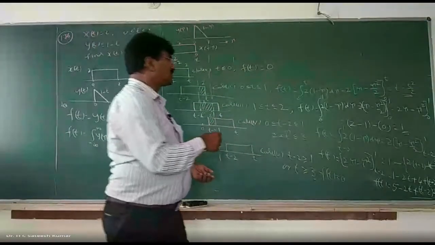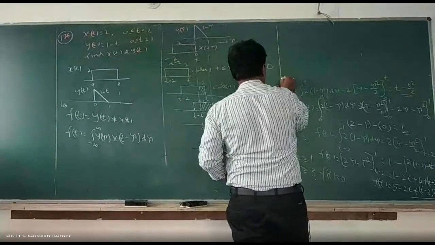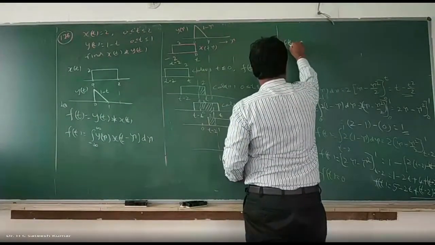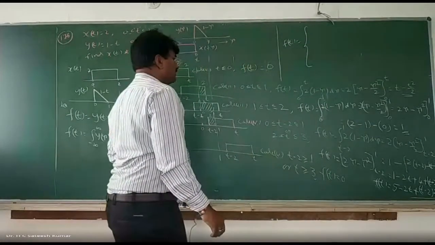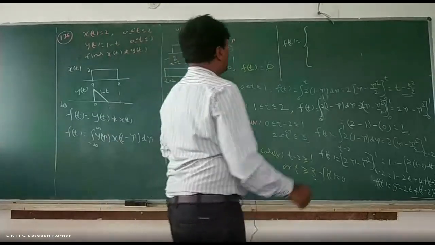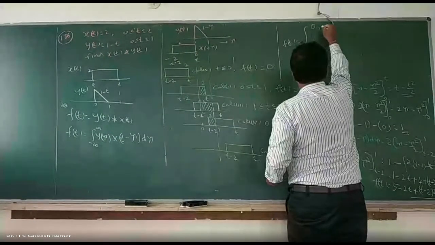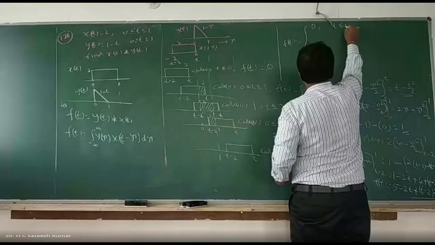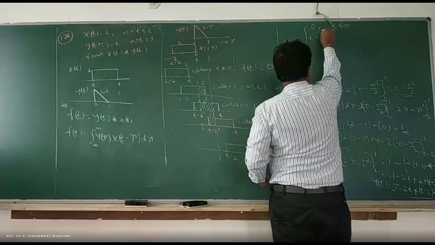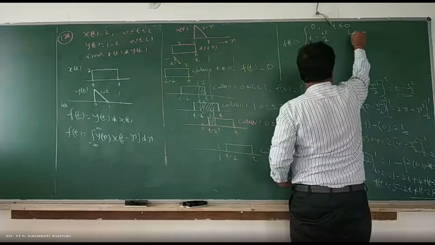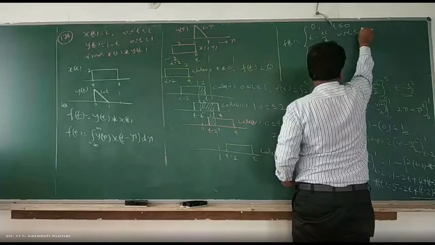Now you go for the summary of it and verify. F of t is equal to 0 for t less than or equal to 0, and is equal to t minus t square by 2 for t lies between 0 to 1.